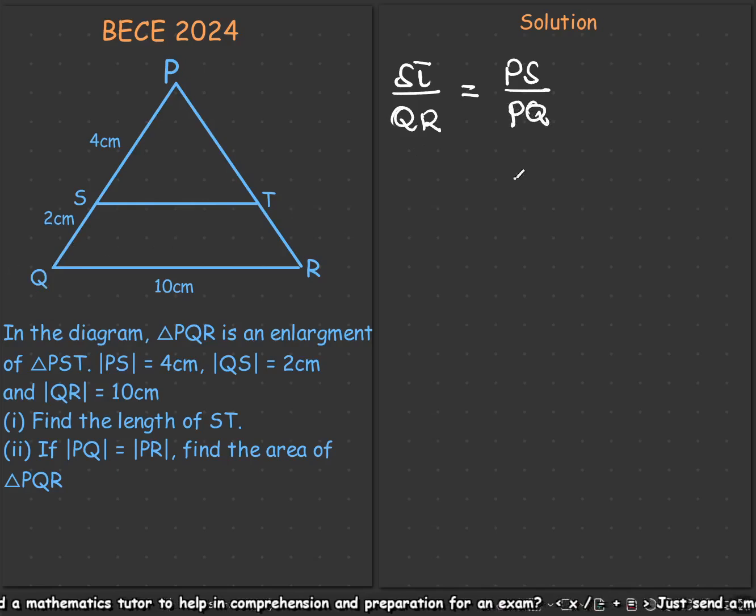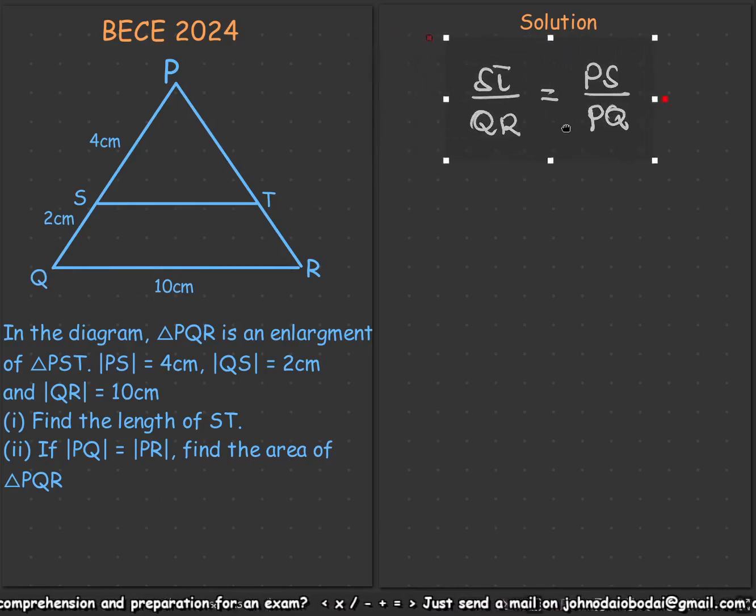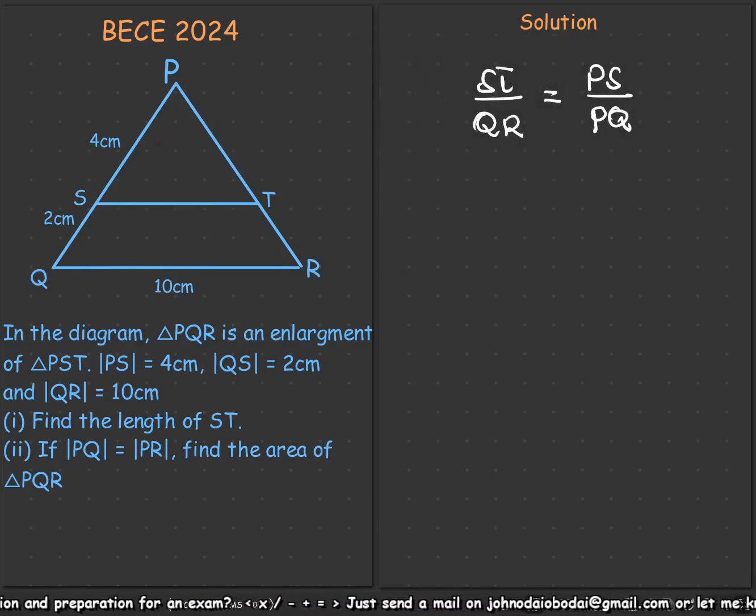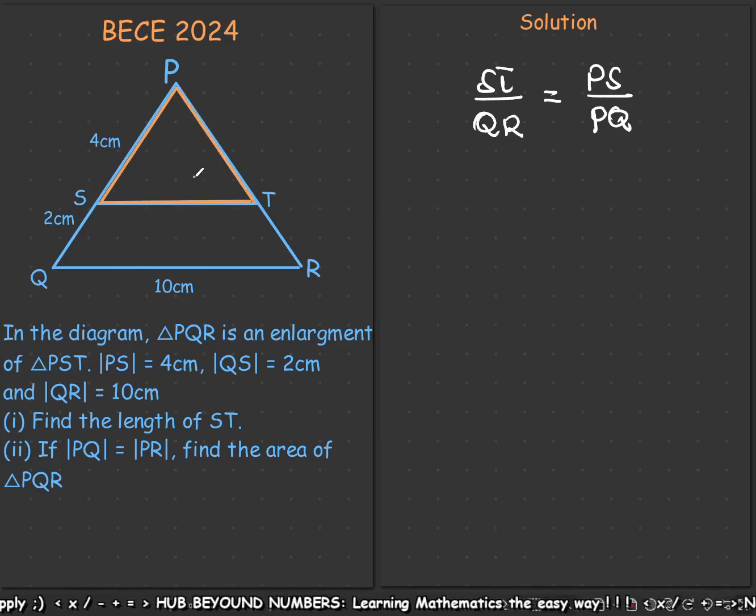Why from P to Q? Why this formula? If you look at it carefully, you realize that there are two triangles, just as the question has said. If you can't see it clearly, let me use a different color code so you can see it. Now, I do hope you can see it clearly.